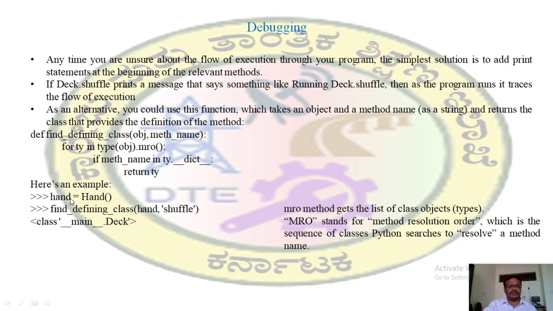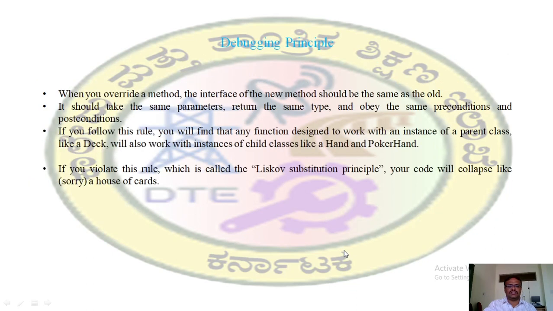Here is an example where we create a hand and call find_defining_class on hand and shuffle; the result is the class Deck. The mro method gets the list of class object types. MRO stands for method resolution order, which is the sequence of classes Python searches to resolve a method name.